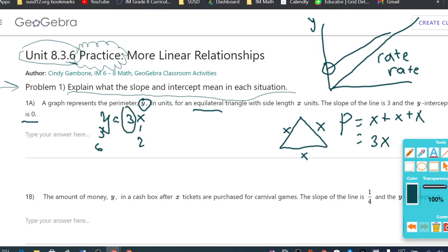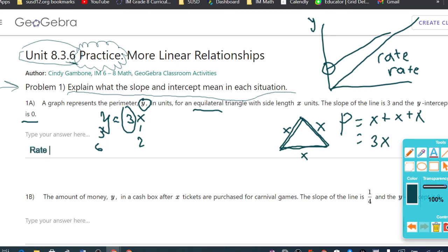That is the rate that the perimeter increases for every increase in side length. And that makes sense because we just derived it over here, an equilateral triangle. The perimeter equals 3 times the side length. So the rate in this problem is the rate that the perimeter increases for every increase in side length.